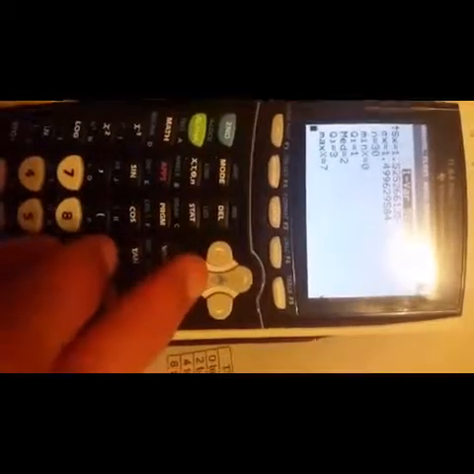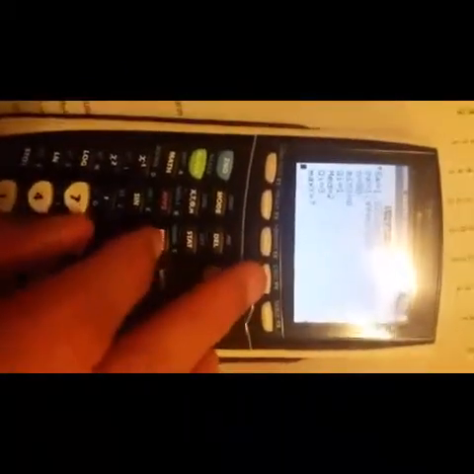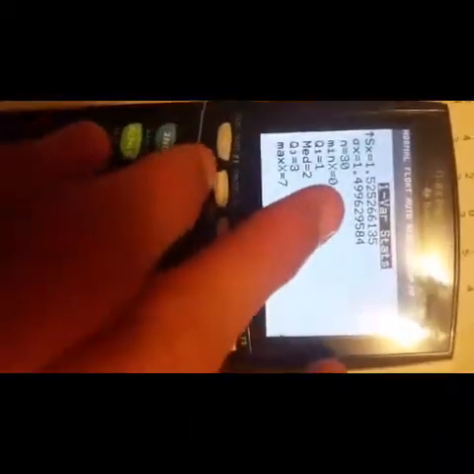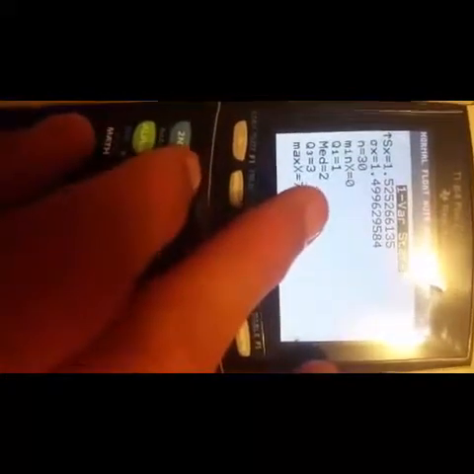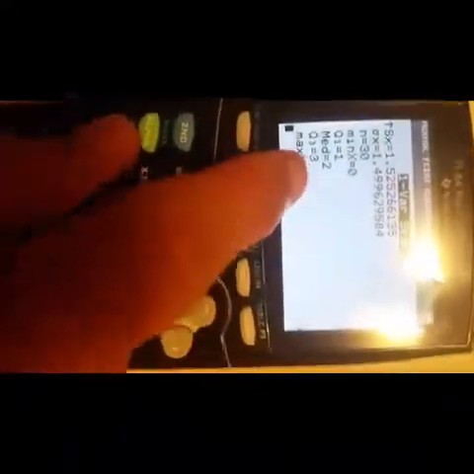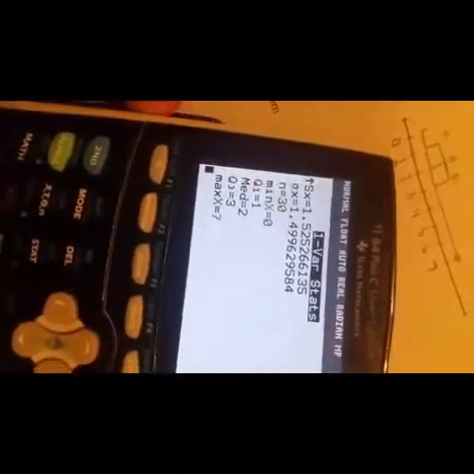So from all these numbers, you would get your 5-number summary. So your minimum, your Q1, your mean, your median. No, your median. Yes. So your 5-number summary: your minimum, your Q1, your median, your Q3, and your maximum.